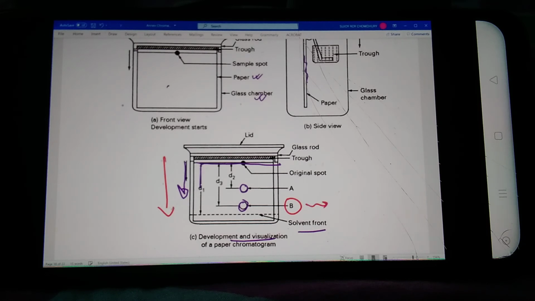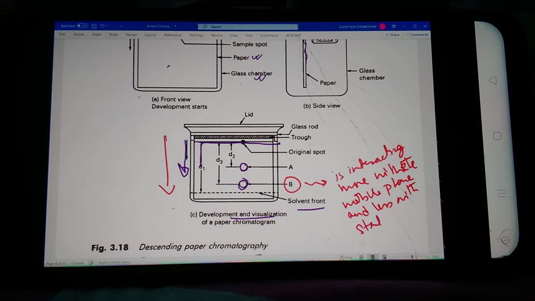Therefore, I can say that B is interacting more with the mobile phase and less with the stationary phase than A. A is falling down and lagging behind, so A is interacting more with the stationary phase and less with the mobile phase than B.